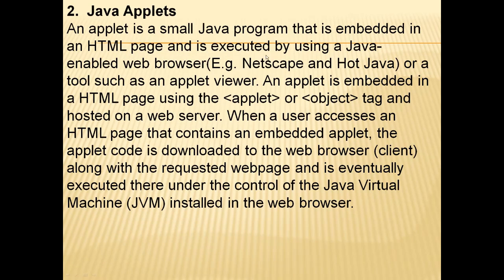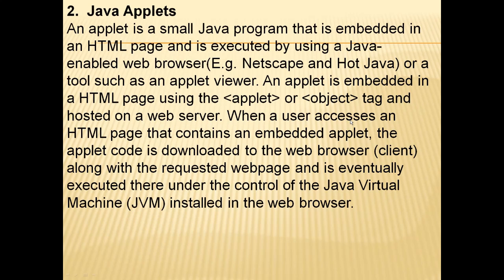Second is Java applets. An applet is a small Java program that is embedded in an HTML page and is executed by using a Java-enabled web browser, for example Netscape and HotJava, or a tool such as an applet viewer. An applet is embedded in an HTML page using the applet or object tag and hosted on a web server.